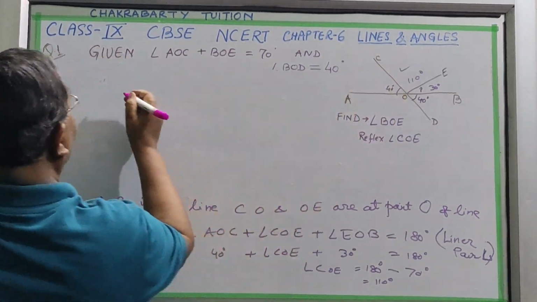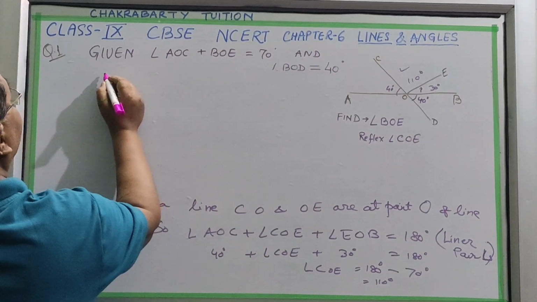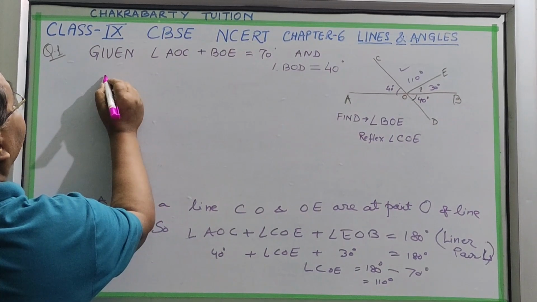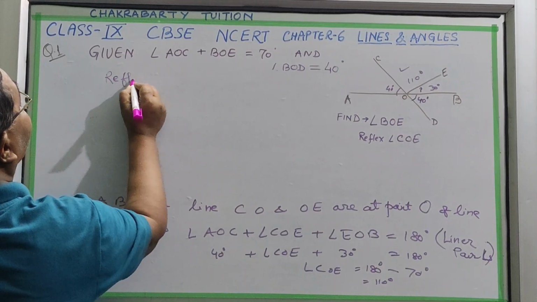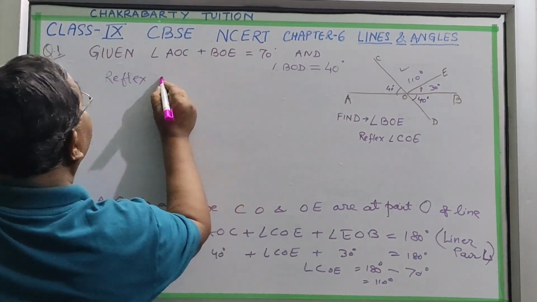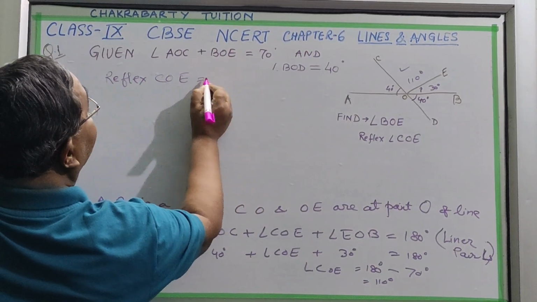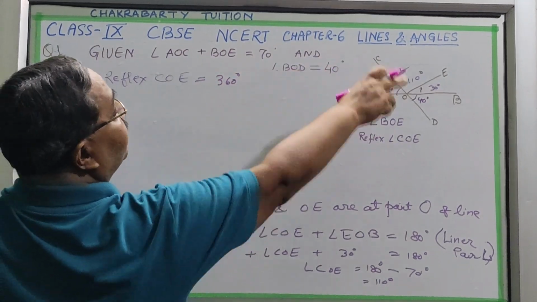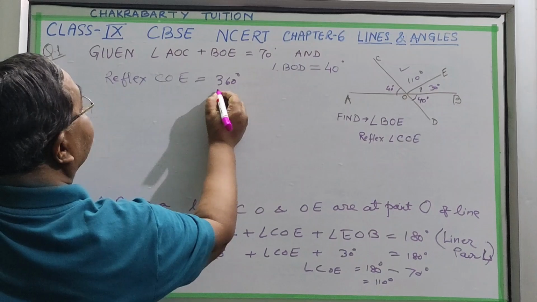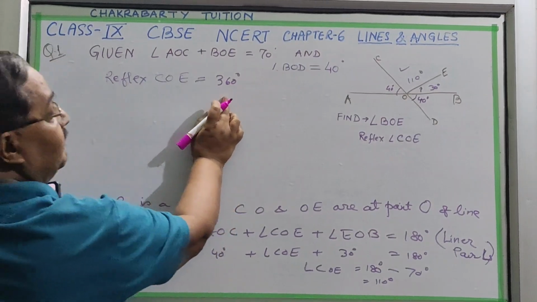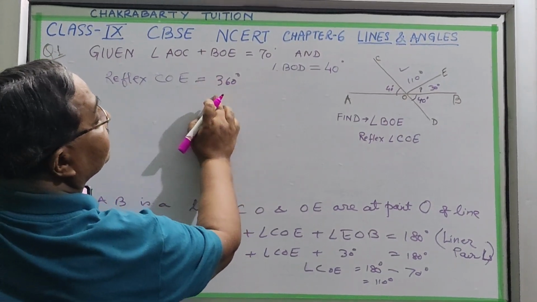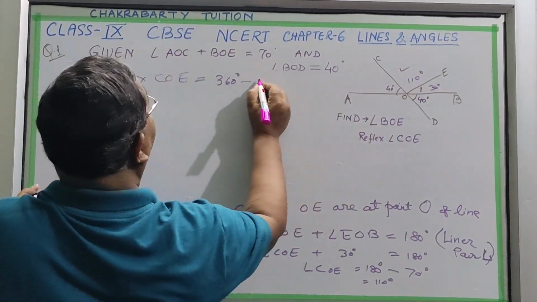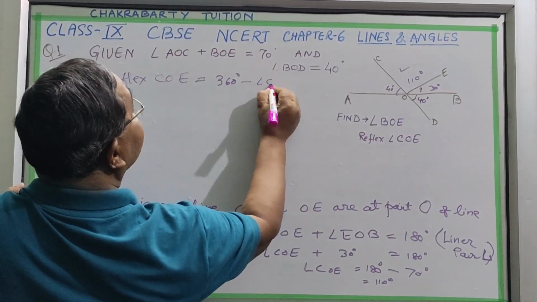Now you have to find out reflex COE. Reflex COE equals 360 degrees, which is the complete angle, minus angle COE.